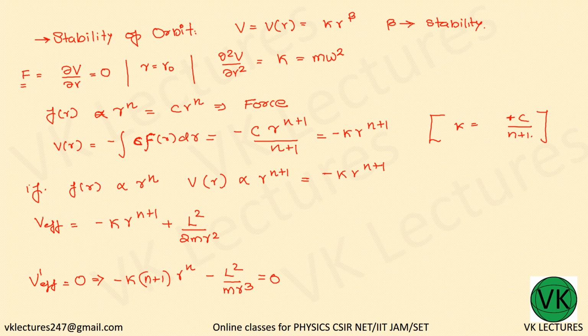From here we can write r to the power n plus 3 equal to minus L square divided by m k n plus 1. So r to the power n plus 3 is equal to minus L square divided by this much.